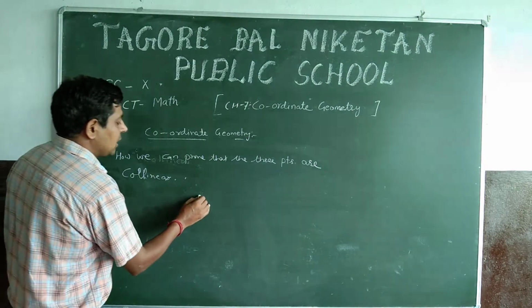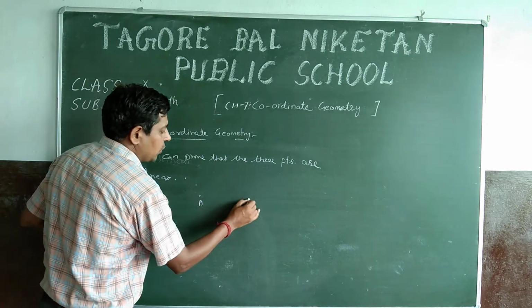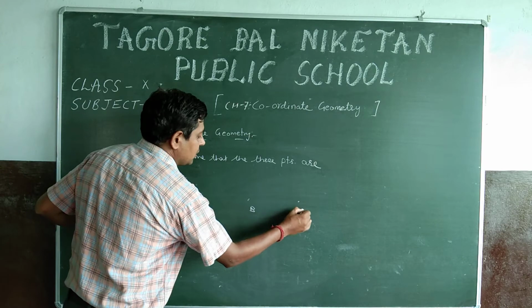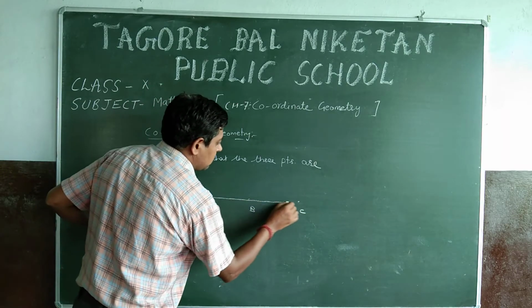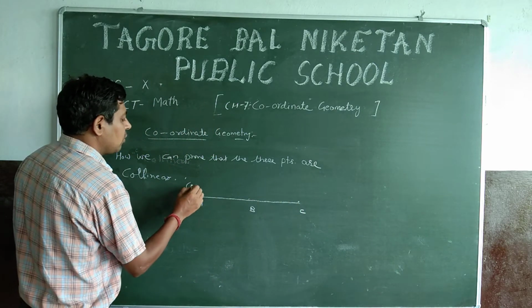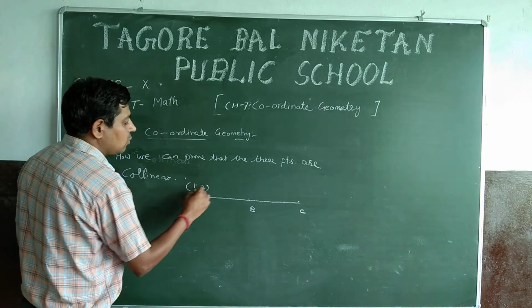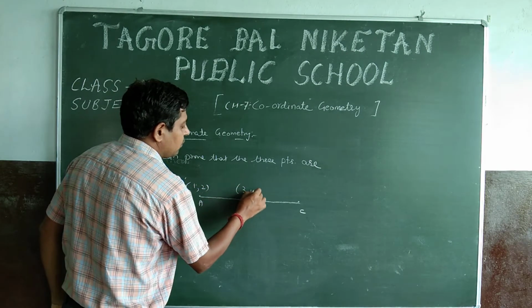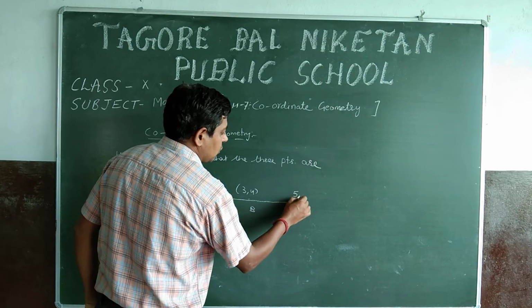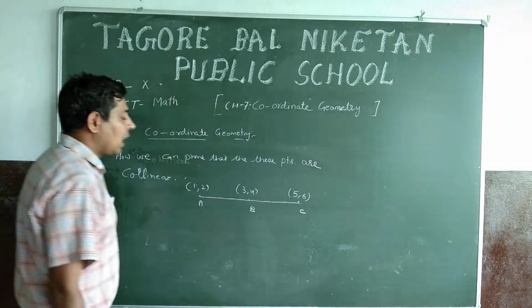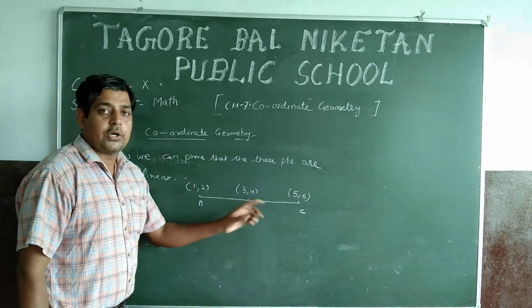So we can take 3 points, point A, point B and point C. Coordinates of A are 1, 2, B are 3, 4 and C are 5, 6. So how can we prove that these 3 points are collinear?